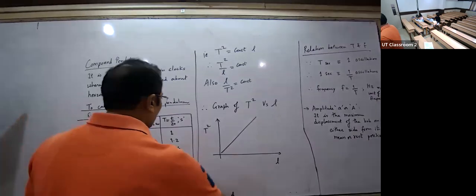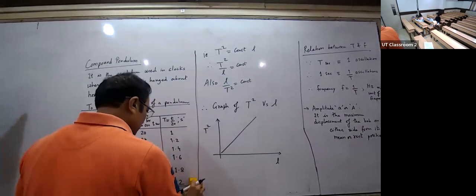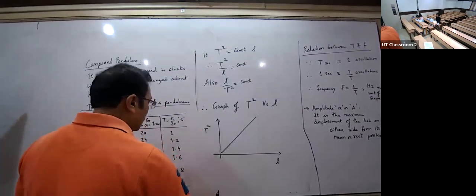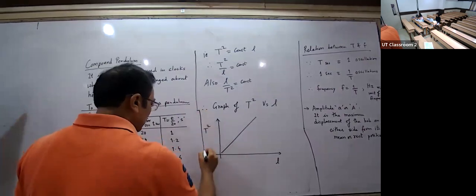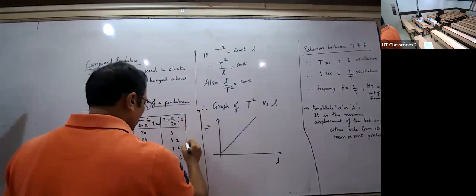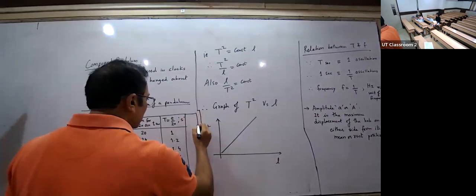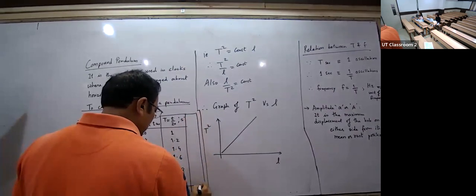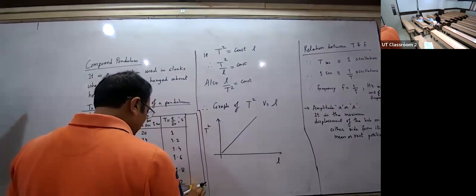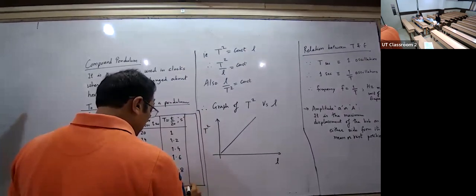So when I add one more row over here, what will you get? You already have T, you have L, right?